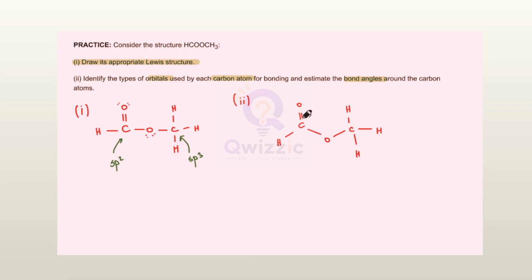Starting with the first carbon, we want to remember that sp2 hybridized carbons are trigonal planar, so each bond angle is going to be 120 degrees. So we have our bond angles for the first carbon. For the second one, since it is tetrahedral, each bond angle is going to be about 109.5 degrees.